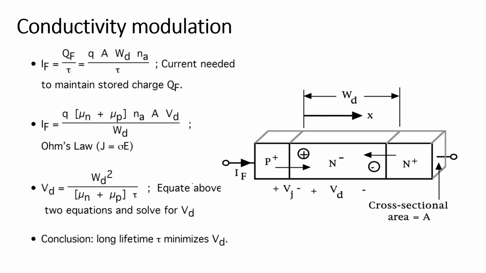Now there is another way of finding this current. As we have seen from our previous videos, the total current density J, when we are talking about the drift current, is equal to J due to holes plus current density due to electrons, right? And we have also seen that from Ohm's law, J is equal to sigma E, where E is the applied electric field. Now this JH can be written in terms of mobility of holes.